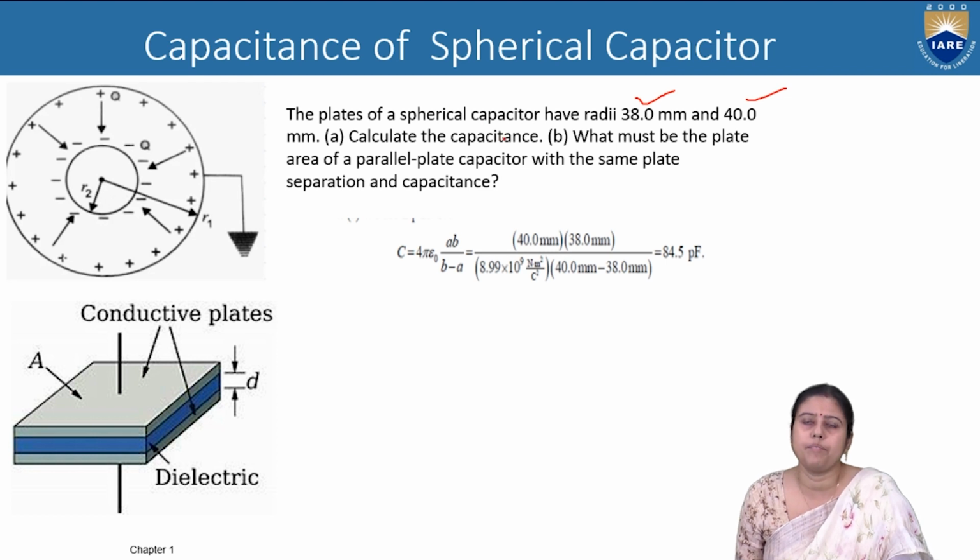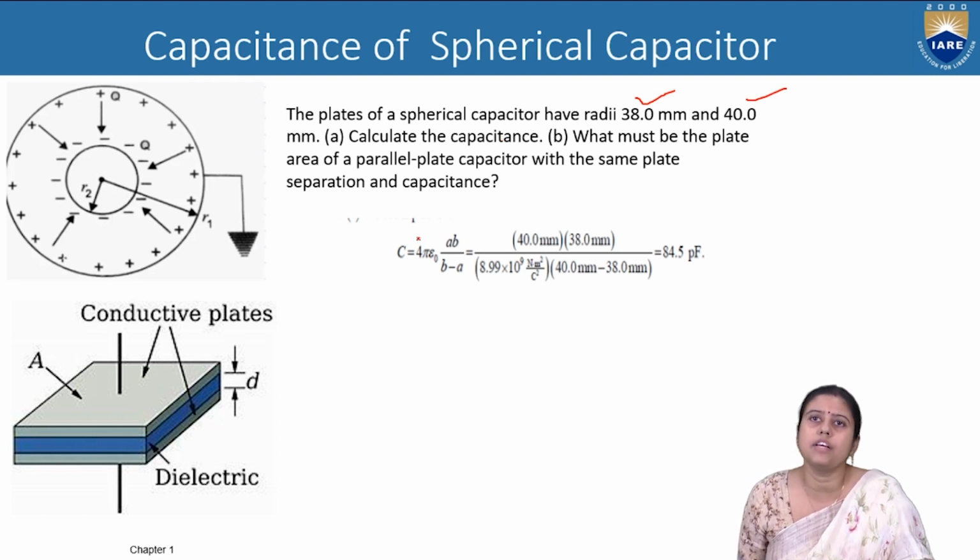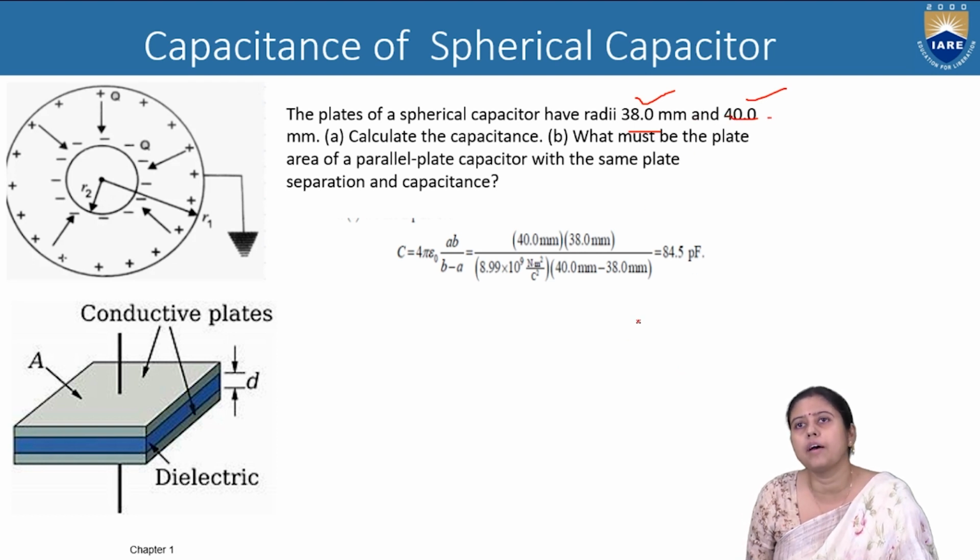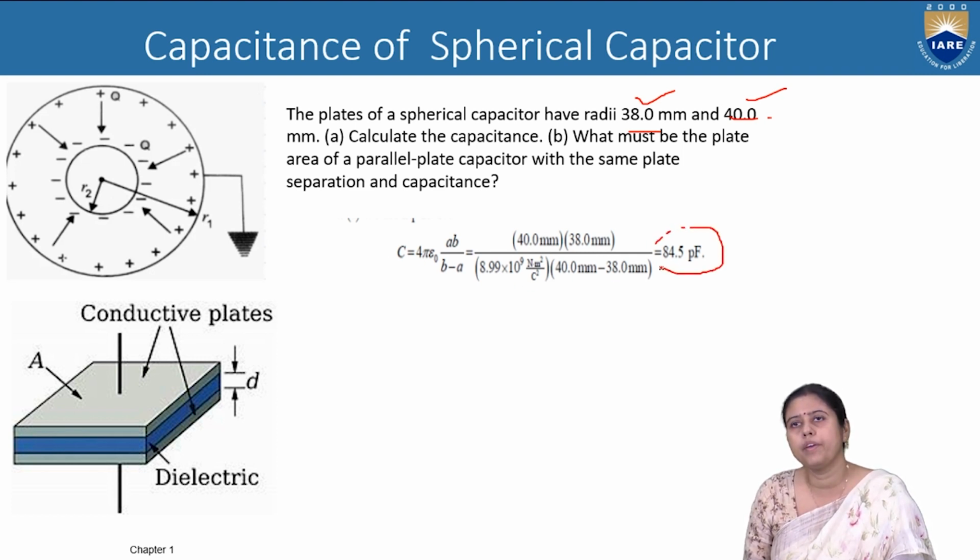So what is the formula? C is equal to 4 pi epsilon naught AB divided by B minus A. A is 38 and B is 40. So if we put the value, we will get the capacitance value as 84.5 picofarad.